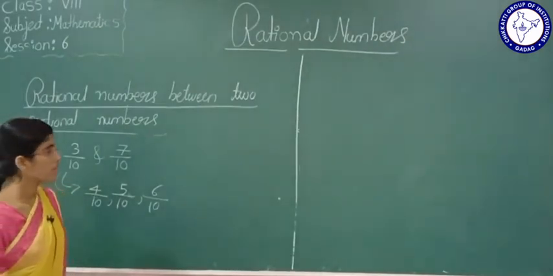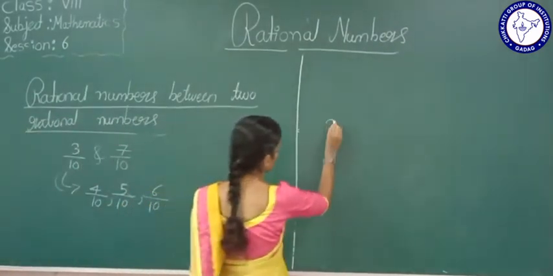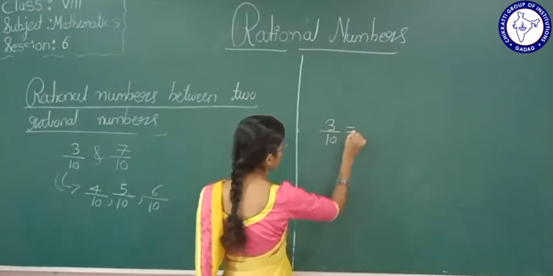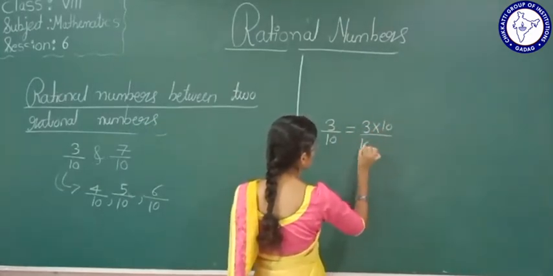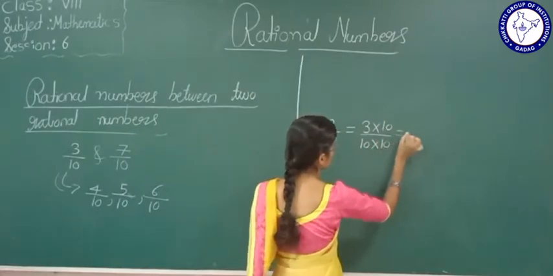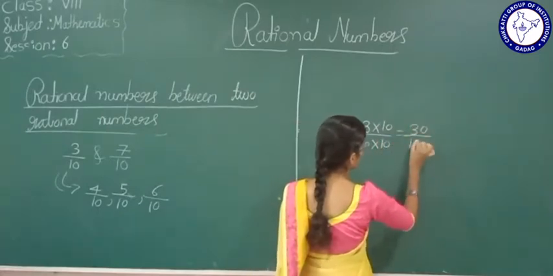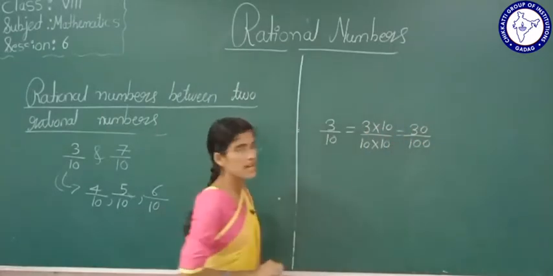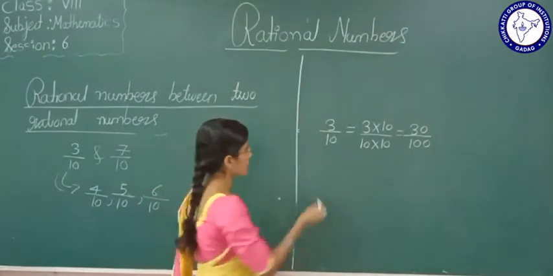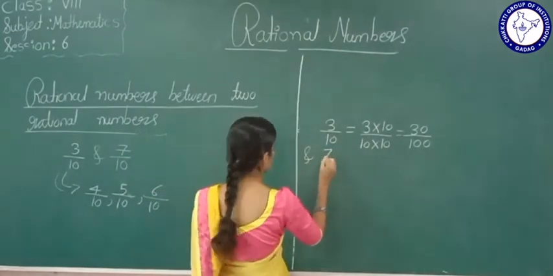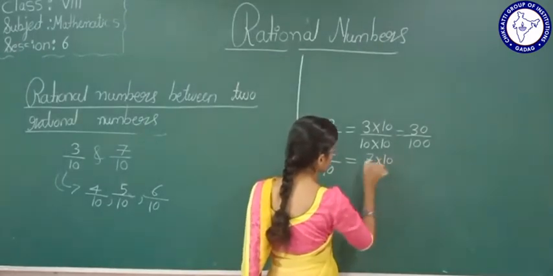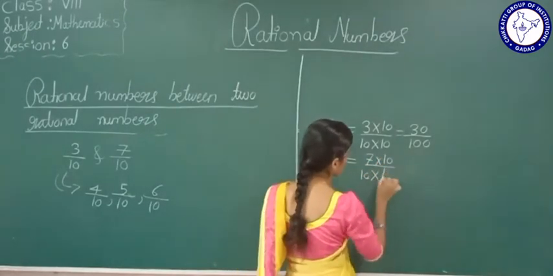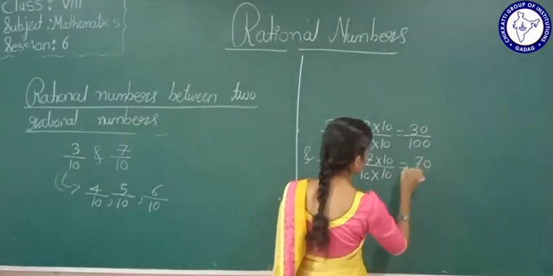See here, this 3 by 10 can also be written as 30 by 100, and 7 by 10 can be written as 70 by 100.